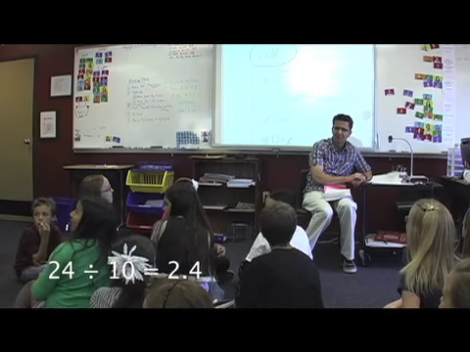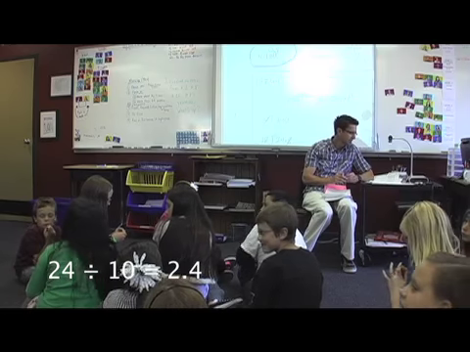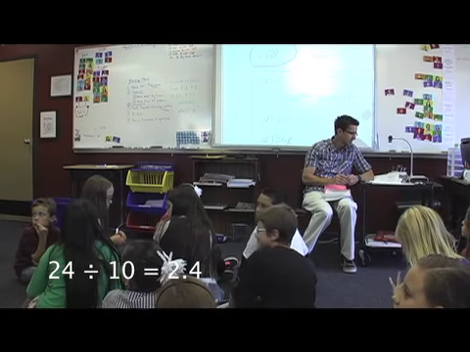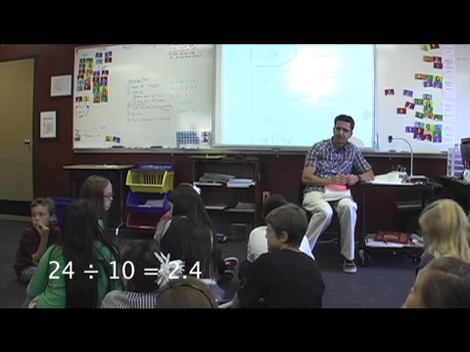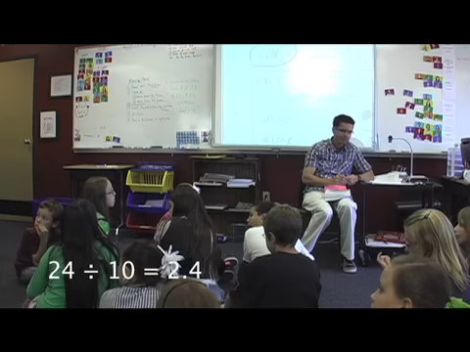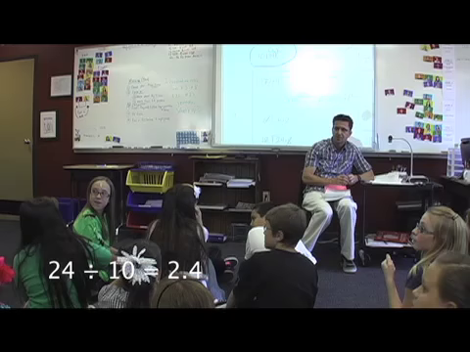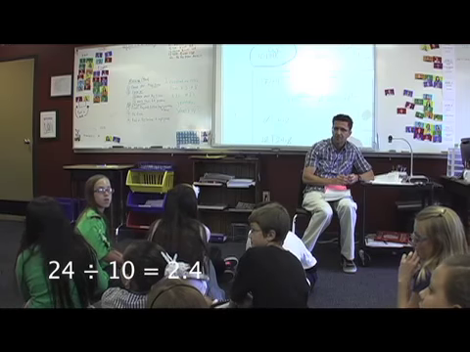Go ahead, Rainey. Okay, 24 divided by 10 equals 2 remainder 4. But if you do 24.0 divided by 10, it's going to be 2.4, not 2 remainder 4, because it has the 0.0 on there, and you just bring up the decimal point.